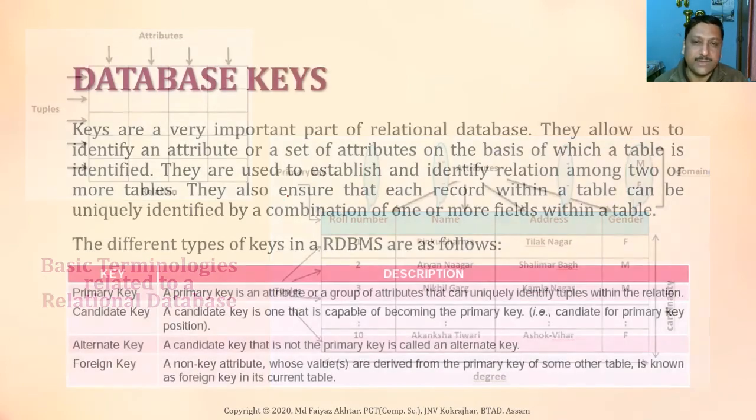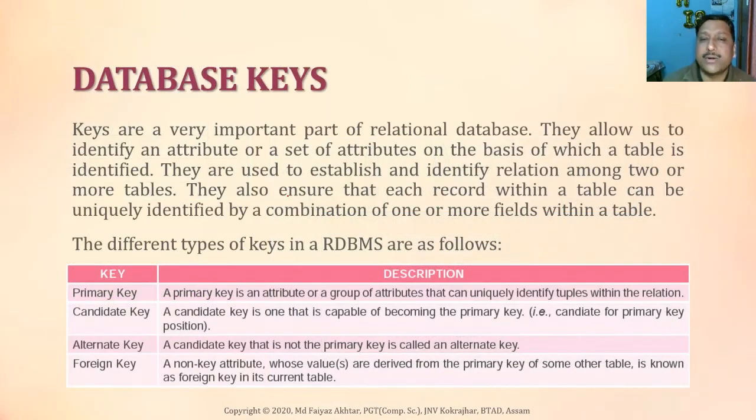Keys are a very important part of a relational database. They allow us to identify an attribute or a set of attributes on the basis of which a table is identified. Actually, it is an identification number for each and every record of a particular relation.